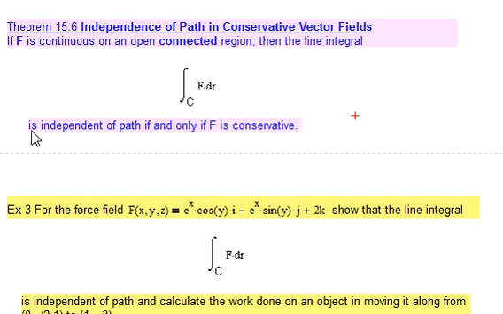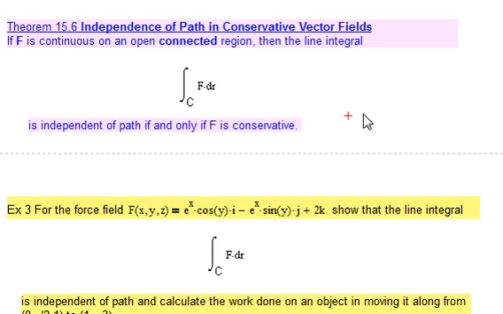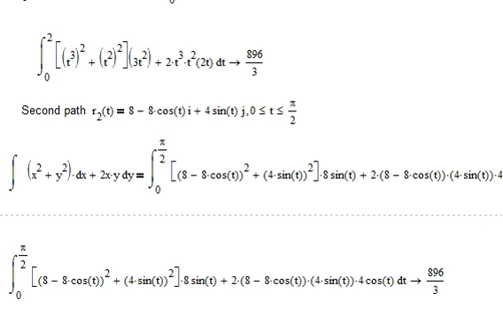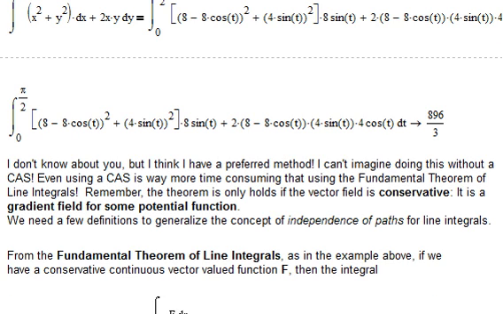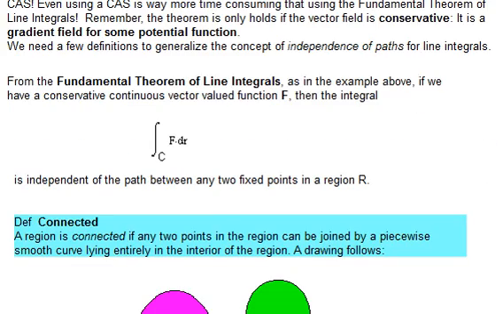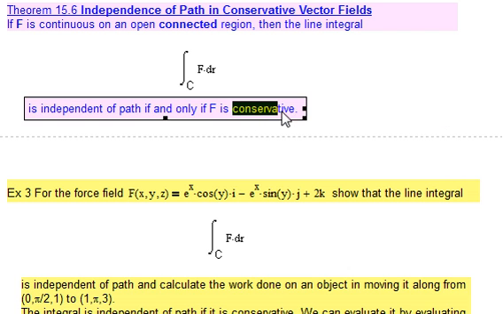And if it's independent of how you get from one place to another, then the vector field must be conservative. In the last example we did, both paths came up with the answer 896 thirds. I think that's the only time I've ever gotten that answer for any kind of a math problem. But that's showing the conservativeness.